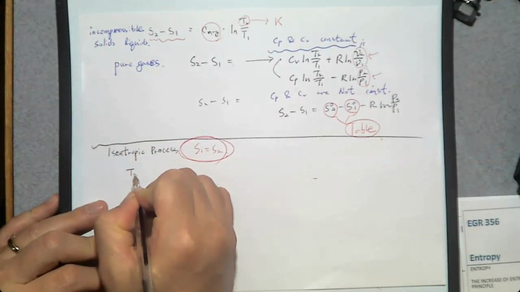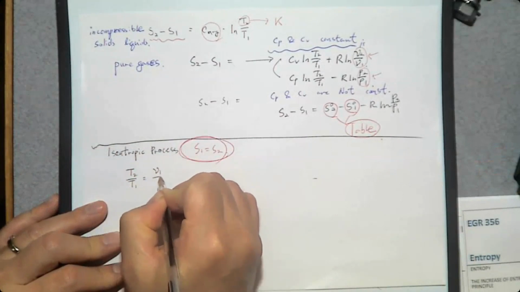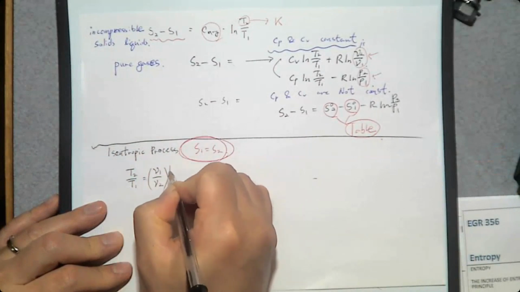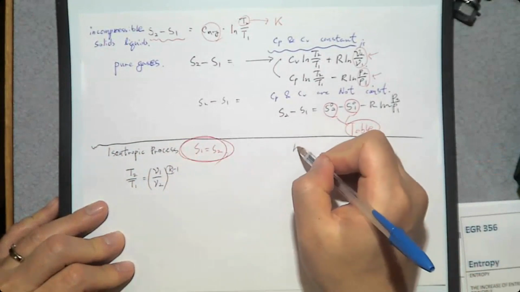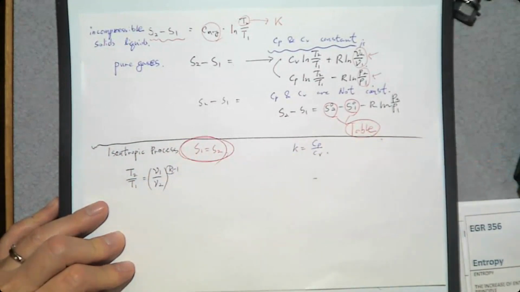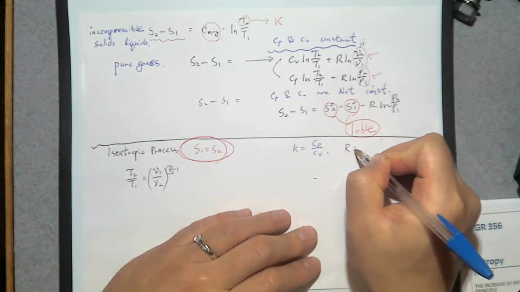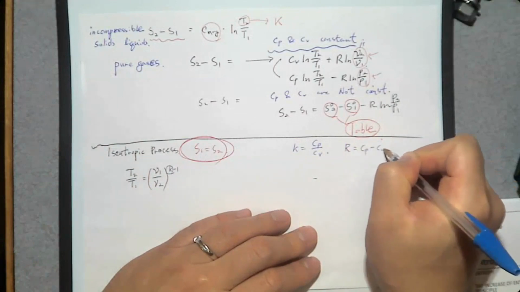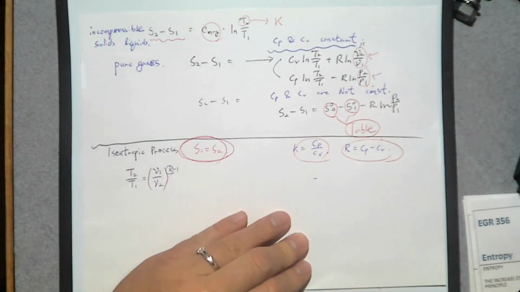So T2 over T1 is V1 over V2 to the power kappa minus 1. In this case, this kappa is Cp over Cv. And there's one more relation between Cp and Cv: gas constant R is Cp minus Cv. Okay, these are just for your reference.